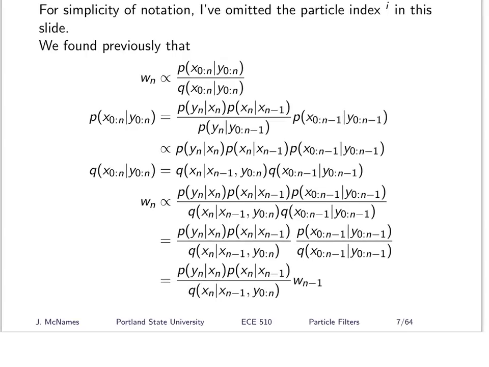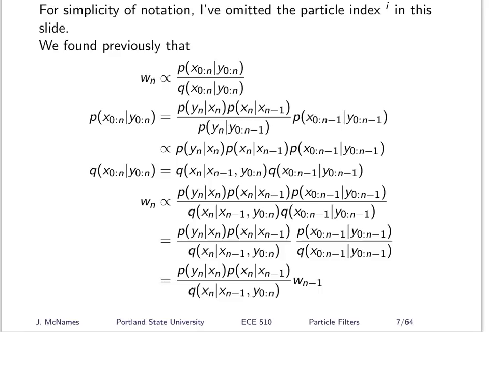We know from before, from the optimal tracking slides, that the joint posterior distribution, we were able to factor it, and we ended up with an equation I described as beautiful, and this is what it was, where the posterior of the joint at time n is equal to what it was at the previous time step multiplied by the likelihood and the prior divided by this normalizing constant.